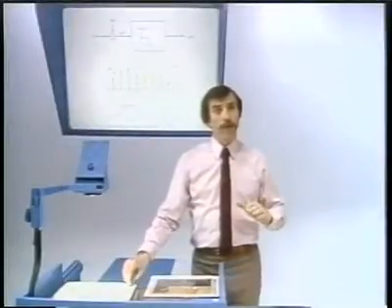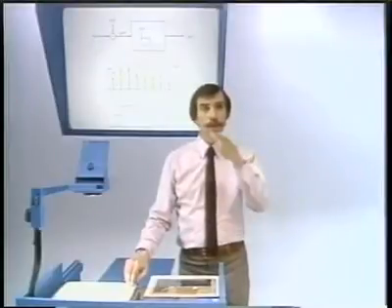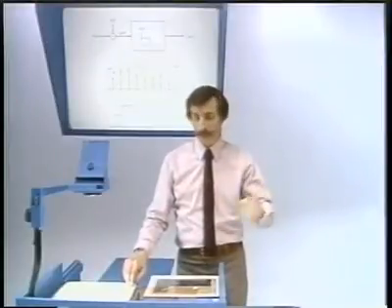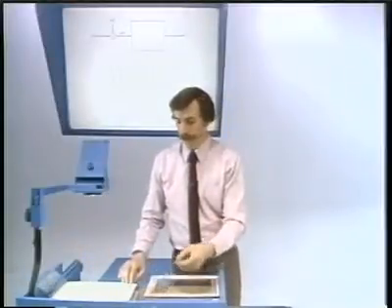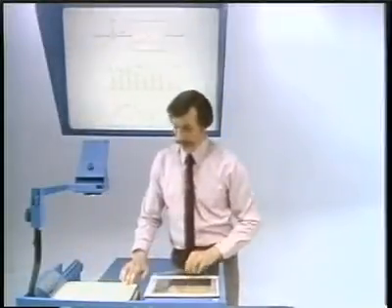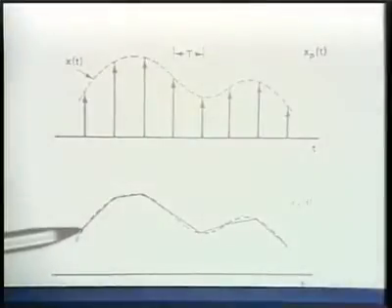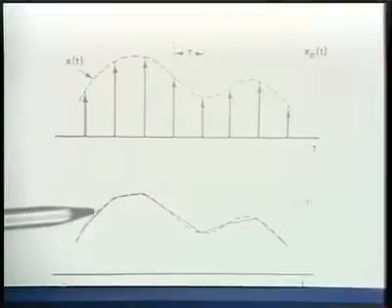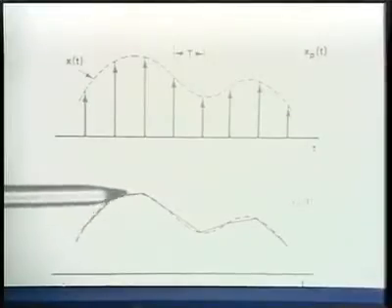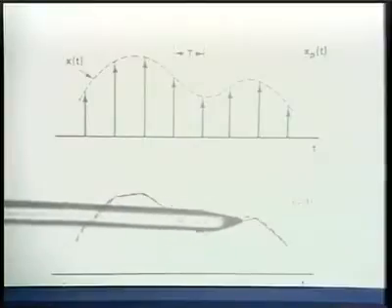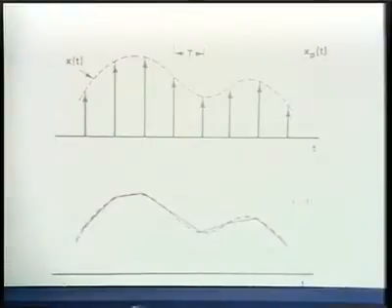Now, that's one kind of interpolation. Another very common interpolation is what's referred to as linear interpolation, where we simply fit a straight line between the sample values. And in that case, the type of reconstruction that we would get would look something like I indicate here, where we take a sample value and the following sample value and simply fit an interpolated curve between them, which is a straight line.